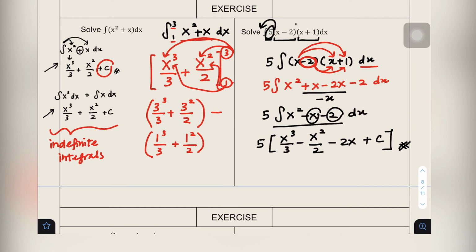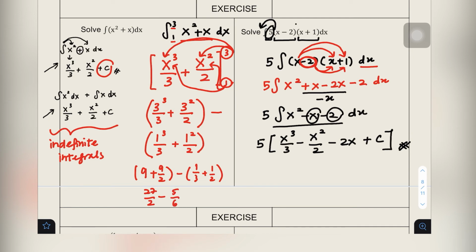So what you will get here, in the first one, is 9 plus 9 over 2, minus 1 over 3 plus 1 over 2. So you will get 9, 18, 27 over 2 minus 5 over 6.